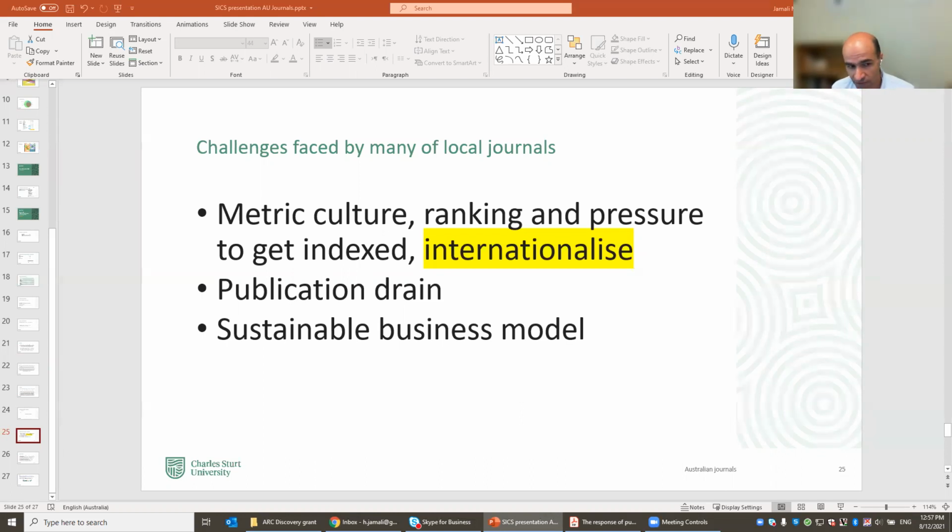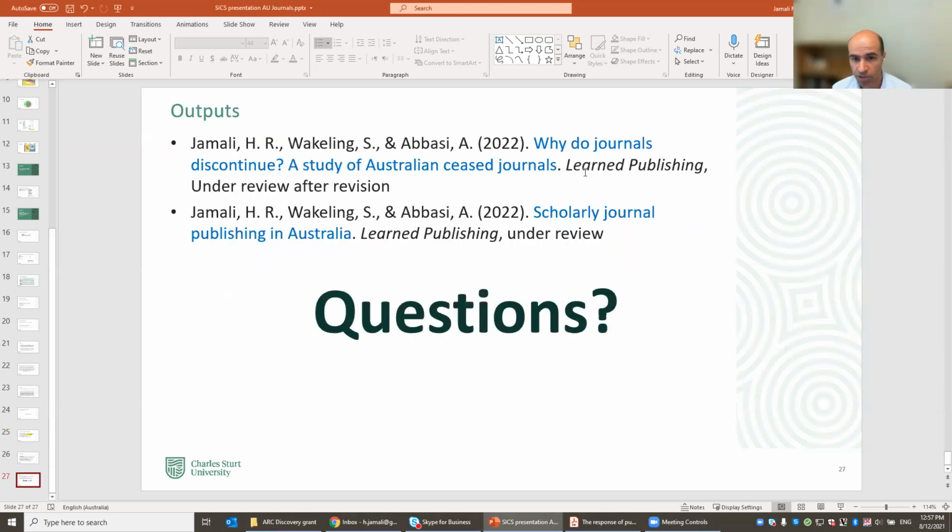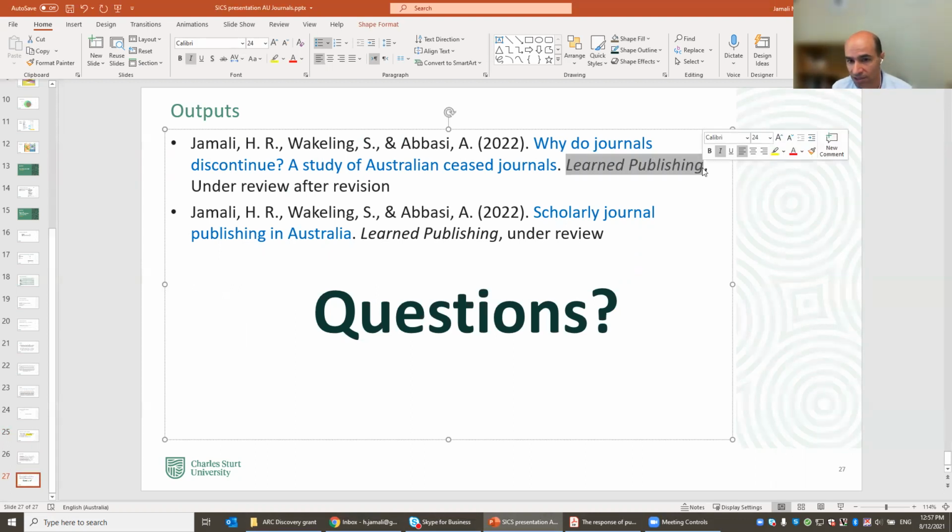But even in the case of this research we did, we submitted to Learned Publishing. This is a specialized journal in scholarly communication and publishing. And I don't think I would receive the engagement that we received from the editor of this journal if I submitted to PLOS or another mega journal, or a journal that would consider itself just a platform for publication of research.